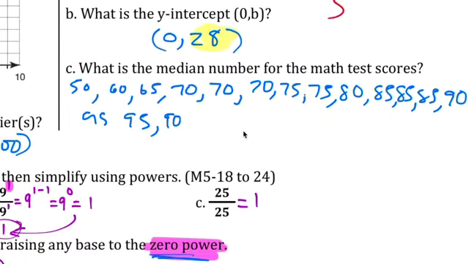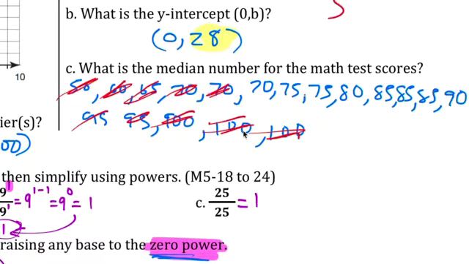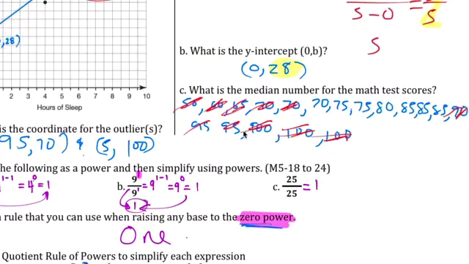And then to find median, just count: 2, 3, third one, fourth one, fifth one, okay, sixth one, 7, 8, 2 middle, you add them, you get 80, 2.5 is your median.